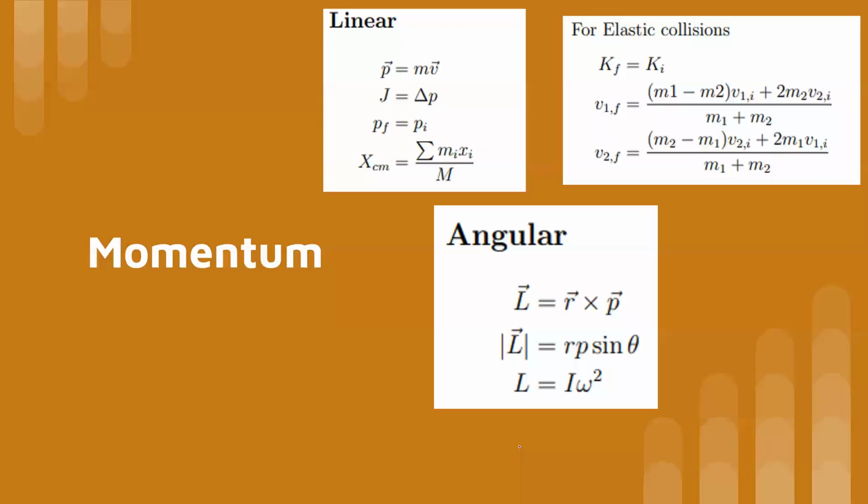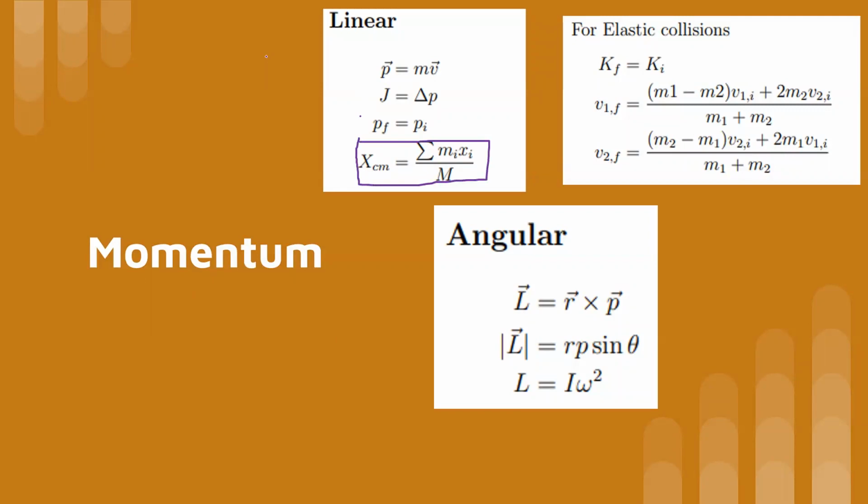Okay, so we'll go ahead and move on to momentum. For momentum, we have both linear and angular, and we also have this thing for center of mass. We have elastic and inelastic collisions.